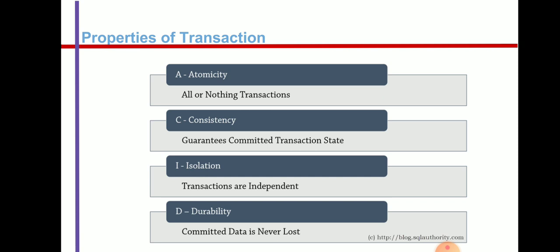And thirdly, isolation. This property ensures that a transaction unit operates independently, and it also takes care of transparency, that is, what types of transactions are done. And fourthly, we see durability. This property ensures that the result of a committed transaction persists permanently even if there are system failures.